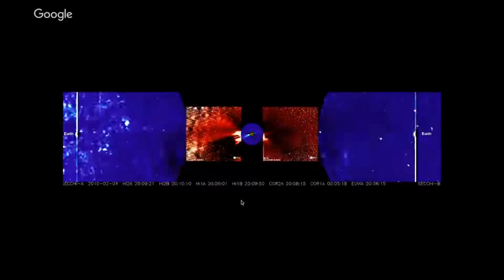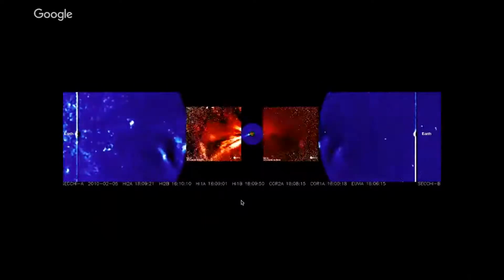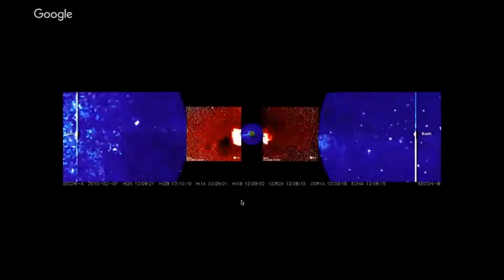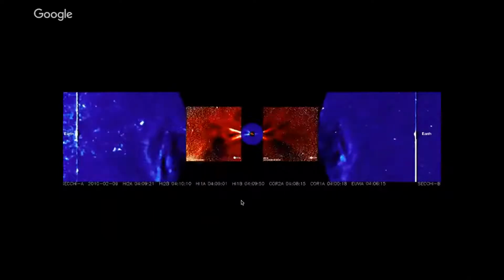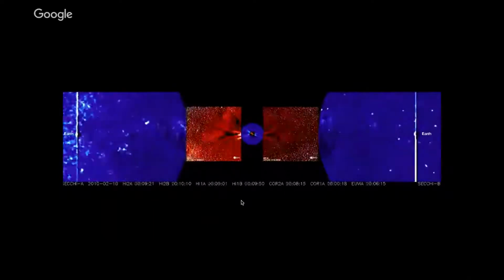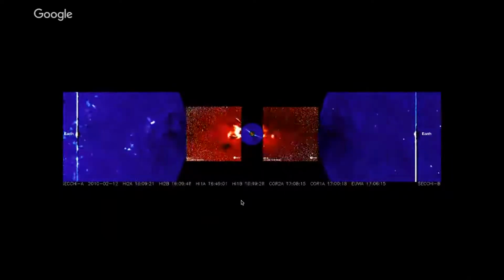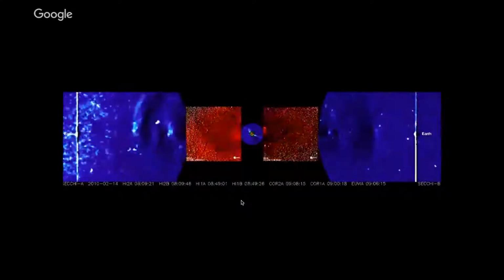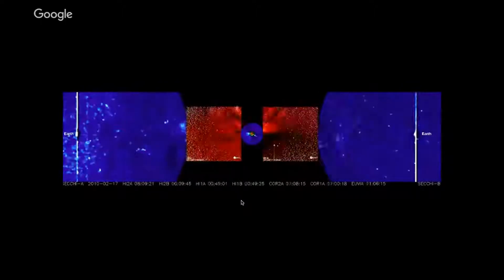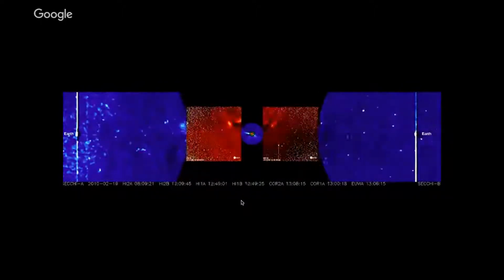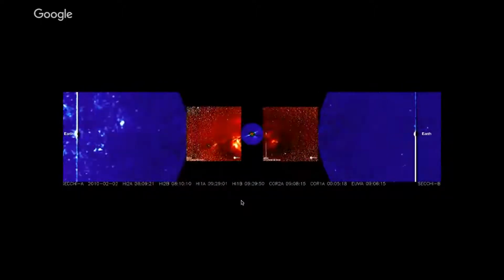So this solar material, we call it the solar wind, was always flowing over us. And it was a big discovery in the space age in the 1950s and 60s that the sun's atmosphere doesn't end where it might appear to have done in those pictures I showed you at the start. It actually ends 18 billion kilometers from the sun, which is way out beyond the orbit of Pluto.